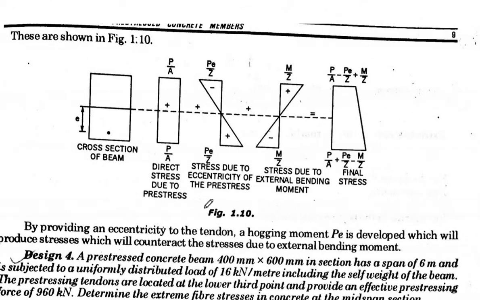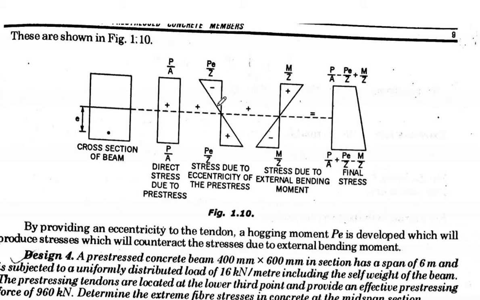Before we go to the problem, these are the stress diagrams. This is a simple cross section of a beam, and we have a direct stress due to the pre-stressing force, P by A, which is uniform throughout. Then we have the stress due to eccentricity, PE by Z, which is minus plus.